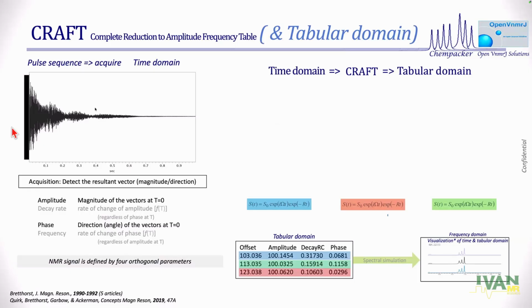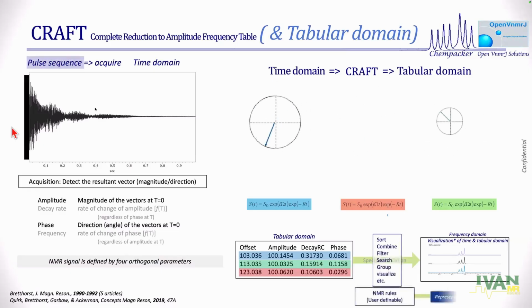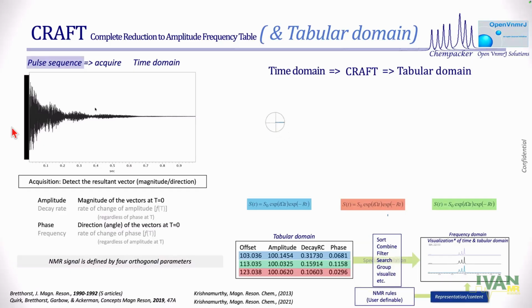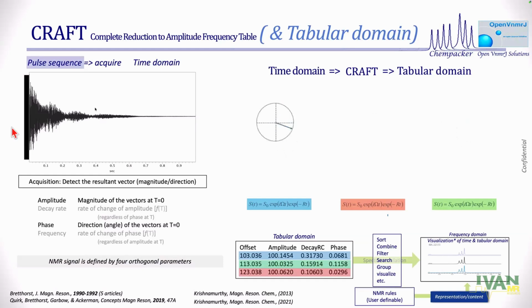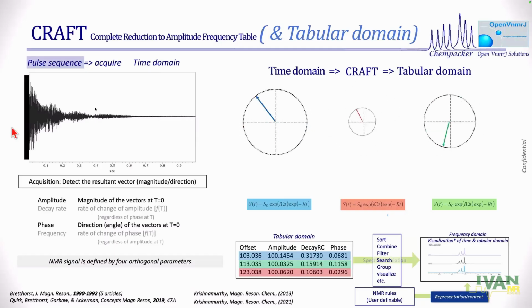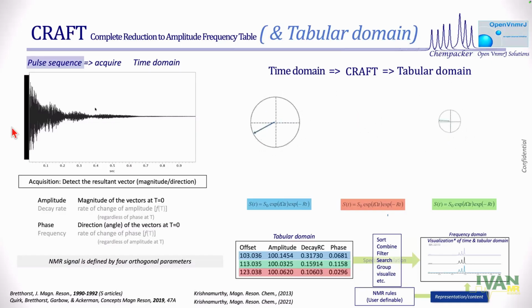tabular domain? The interesting part of this is, just like we can change the content or the representation of the frequency domain by changing the preparation of the FID, meaning changing the pulse sequence, here is an opportunity of perhaps taking that table, and because it's a basic table, just like a spreadsheet, you can sort, combine, filter, search, group, visualize, whatever you want to do with the numbers, but within that, using basic NMR rules.